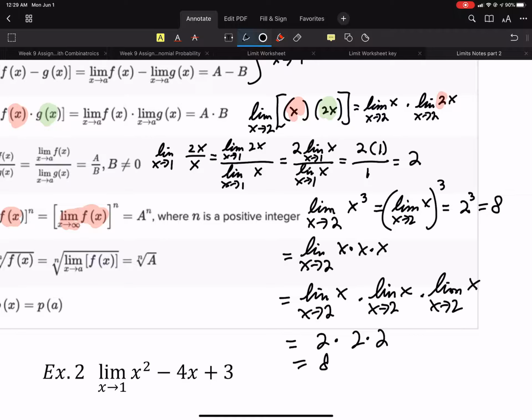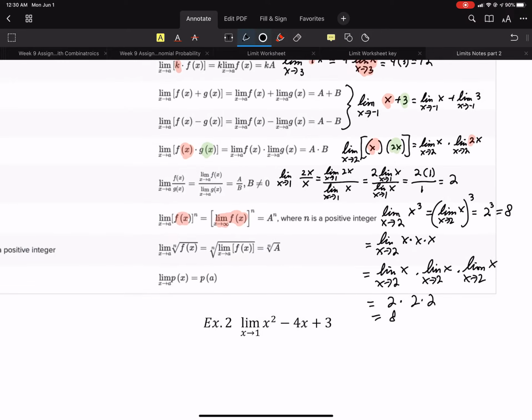That would be a pain, but it is following the rules that we have. Now, there are some shortcuts. Some of you might be seeing them already and saying, why are we being so tedious? It's important that you know these rules because you're going to apply them to different situations. And some of the shortcuts are implying things that we don't know yet, especially continuity. Once you learn continuity, it's going to open up and make limits so much easier. But right now, we don't have that. So that's limits of exponents.